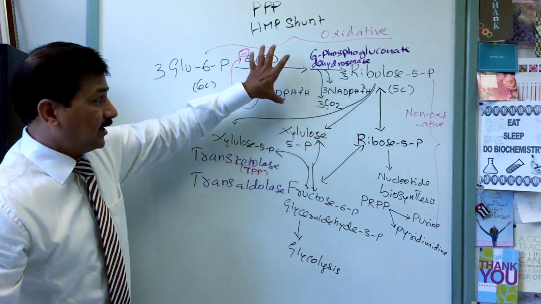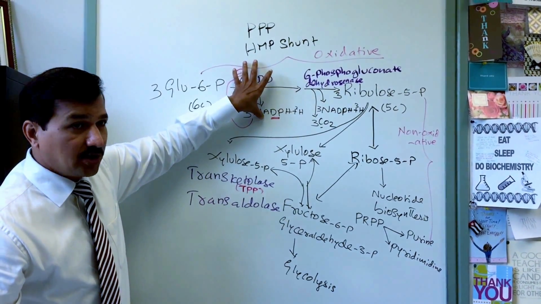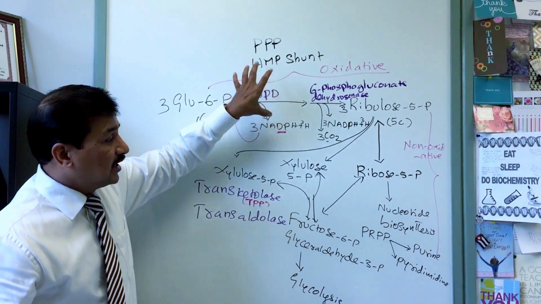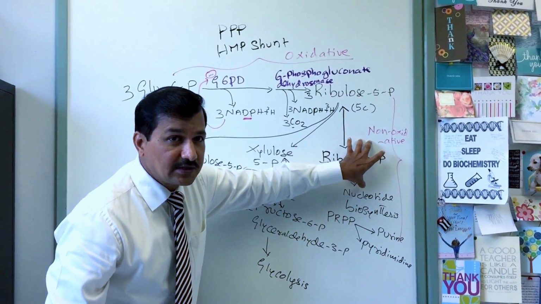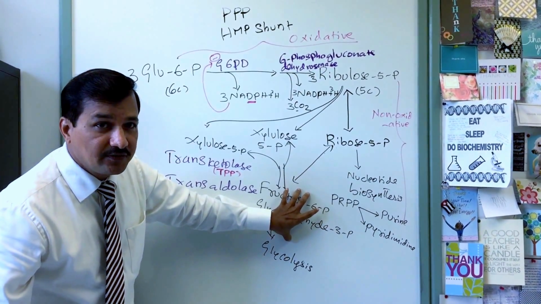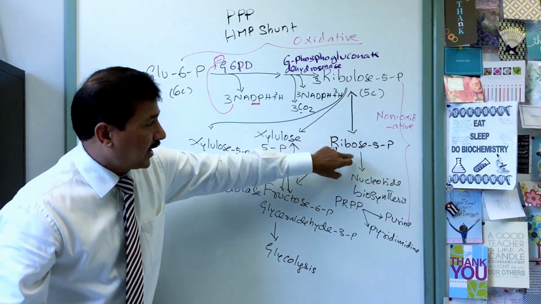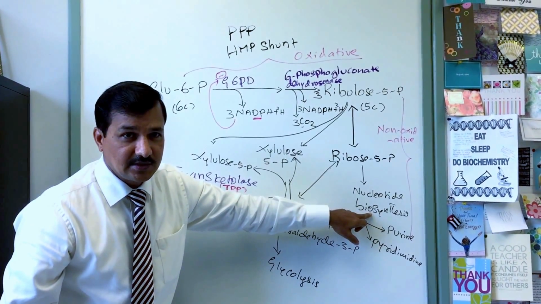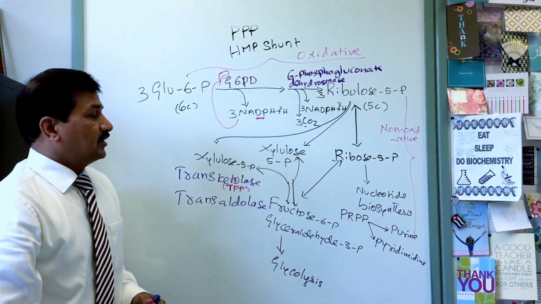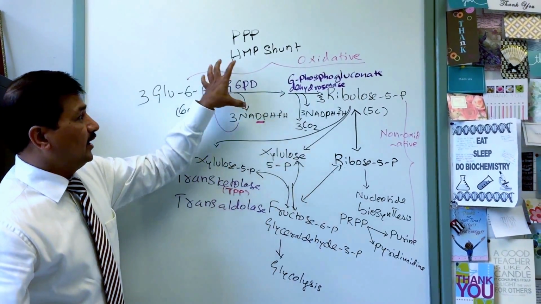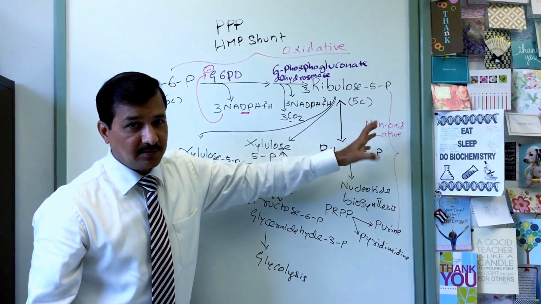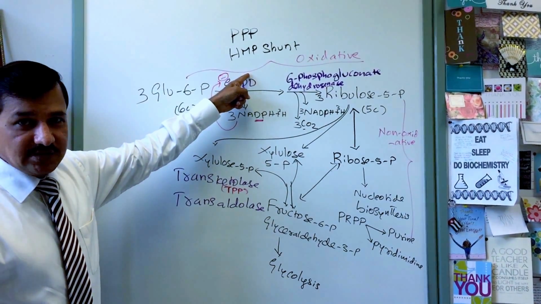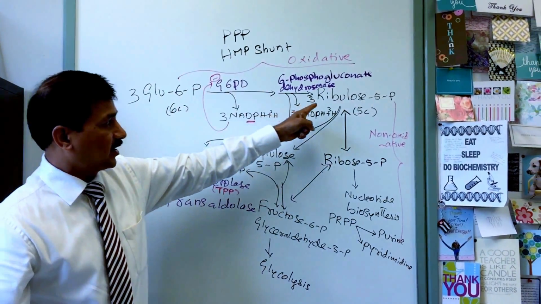Whenever the cell has got plenty of NADPH, which is negatively modulating the oxidative phase via glucose 6-phosphate dehydrogenase, but the cell wants ribose 5-phosphate, it is going to do the reversal of glycolytic intermediates back into ribose 5-phosphate, that goes into nucleotide biosynthesis. Okay, now consider the cell wants both NADPH and ribose 5-phosphate. Some of the cells want both. At that time, what do they do? They conduct the oxidative phase, take glucose 6-phosphate, make ribulose 5-phosphate.